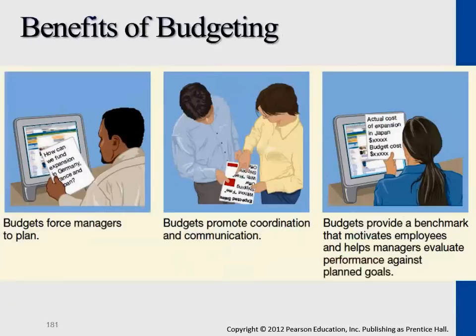So the benefits of doing budgeting: remember that companies have different departments. It forces managers to set plans and work together as a team. Just think about introducing a new product. Besides the idea, the creativity that goes into the product, you have to take care of the materials in order to produce it.